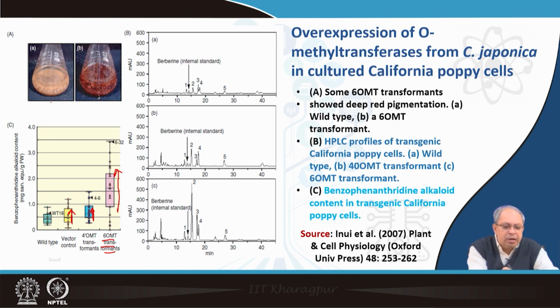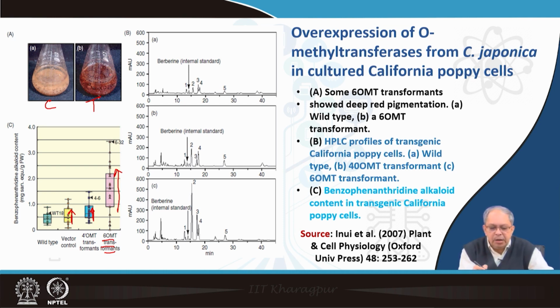Now, an interesting point is that if you see the control as well as the transformant, there is a coloration developed in the transformed lines, and that could be because of this accumulation of the alkaloids, like sanguinarine and other things.